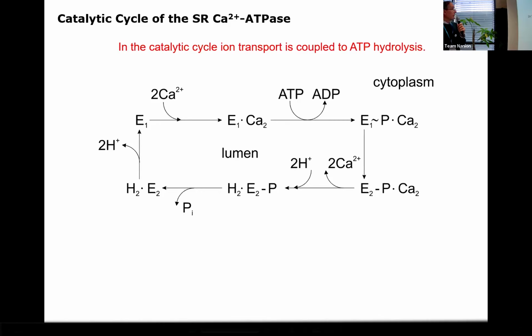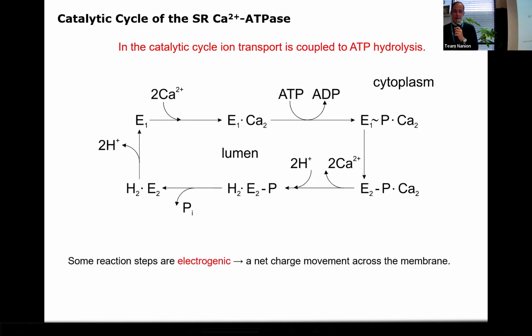Then the conformational transition from the E1P state to the E2P intermediate favors the translocation of calcium ions across the membrane and their release to the luminal side in exchange for two luminal protons. Dephosphorylation of the E2P intermediate is followed by proton translocation and release to the cytoplasmic side, thus accelerating the E2 to E1 conformational transition, which completes the catalytic cycle.